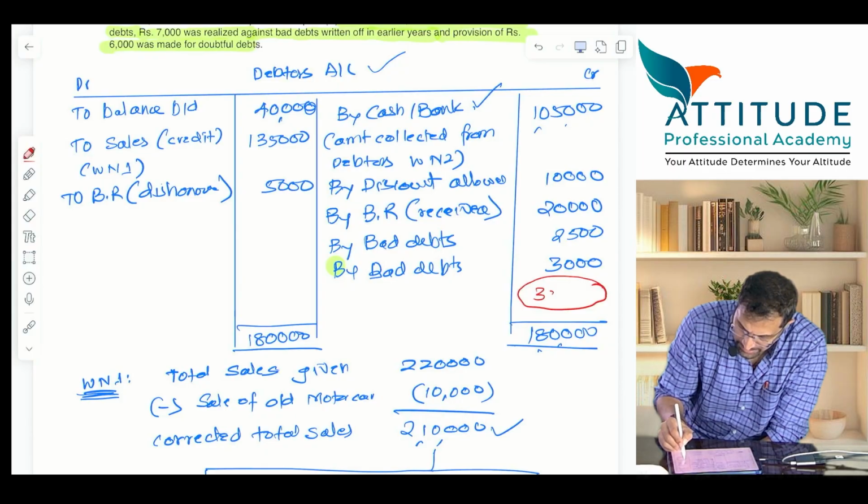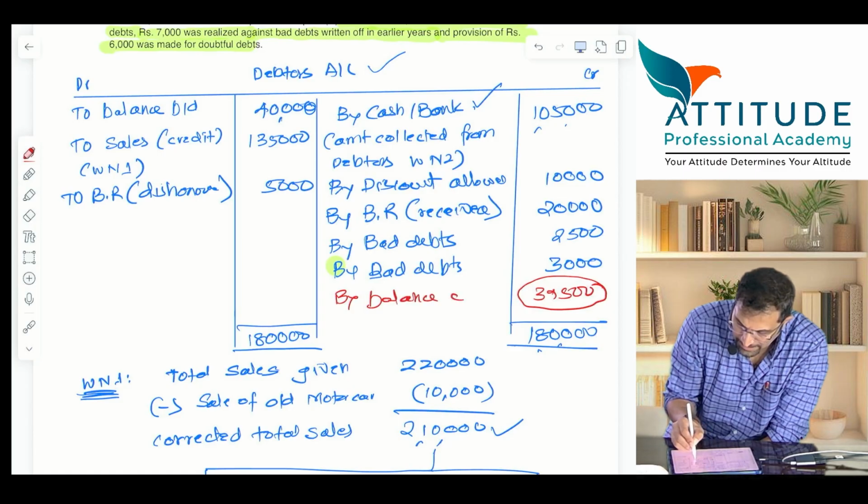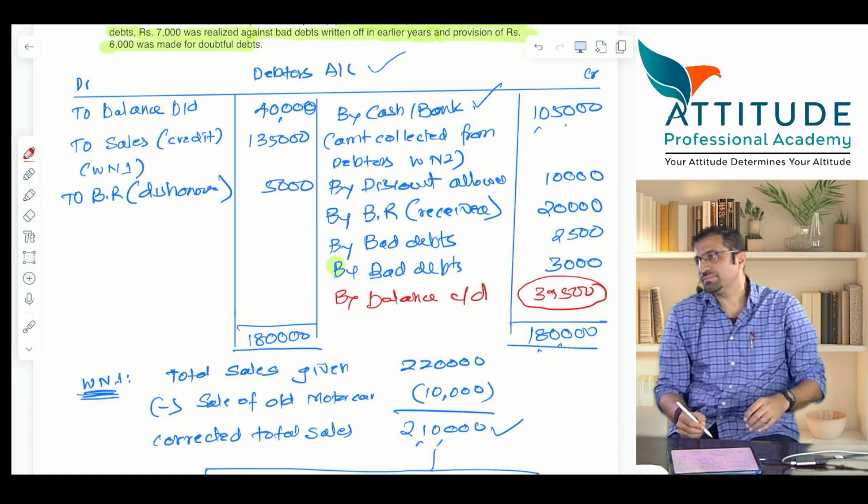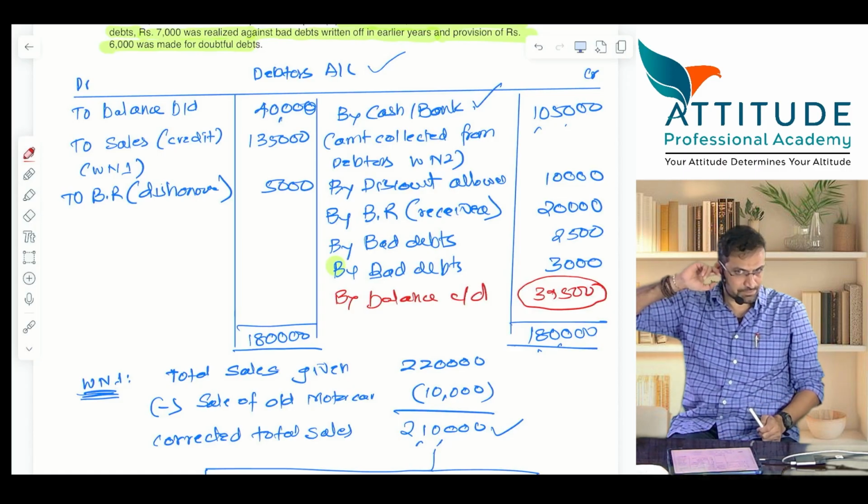Very good. 39,500 is a closing debtors. By balance carried down. Closing debtors मिल गया. This will come in the balance sheet.